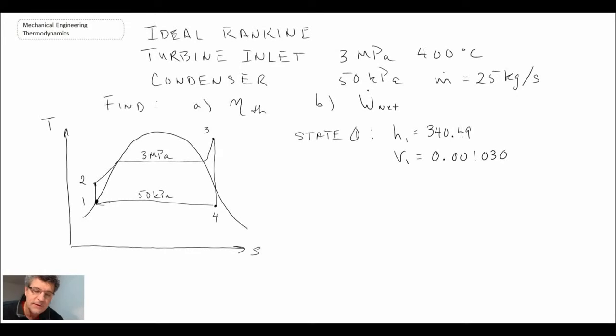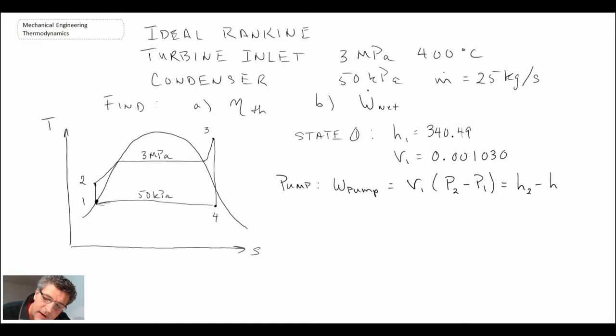At the initial state, we have no idea how to estimate what state 2 is, but we'll take advantage of our reversible steady flow work equation, and that enables us to say the work in the pump is the specific volume at 1 multiplied by the change in pressure between state 2 and state 1, and that is equal to the change in enthalpy.